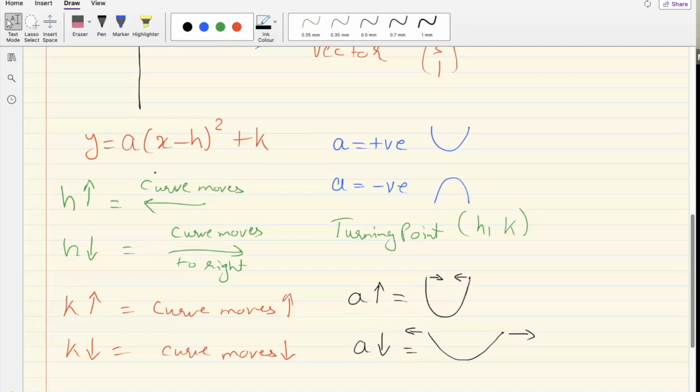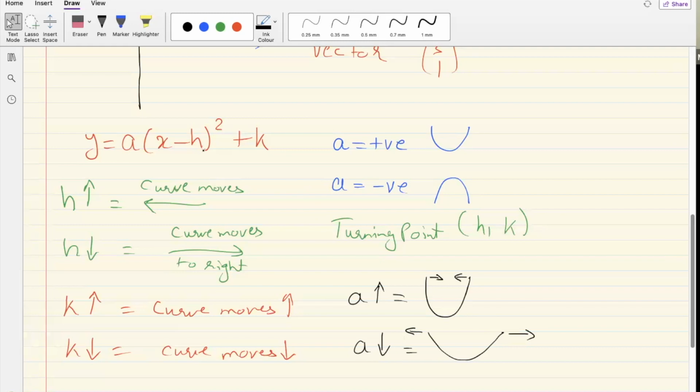What happens to the curve when we change these values? A increases, the curve squeezes. A decreases, the curve expands. Increasing k would take the curve upwards. Decreasing k would take the curve downwards. Increasing h would move it to left. And decreasing h will move it to right.